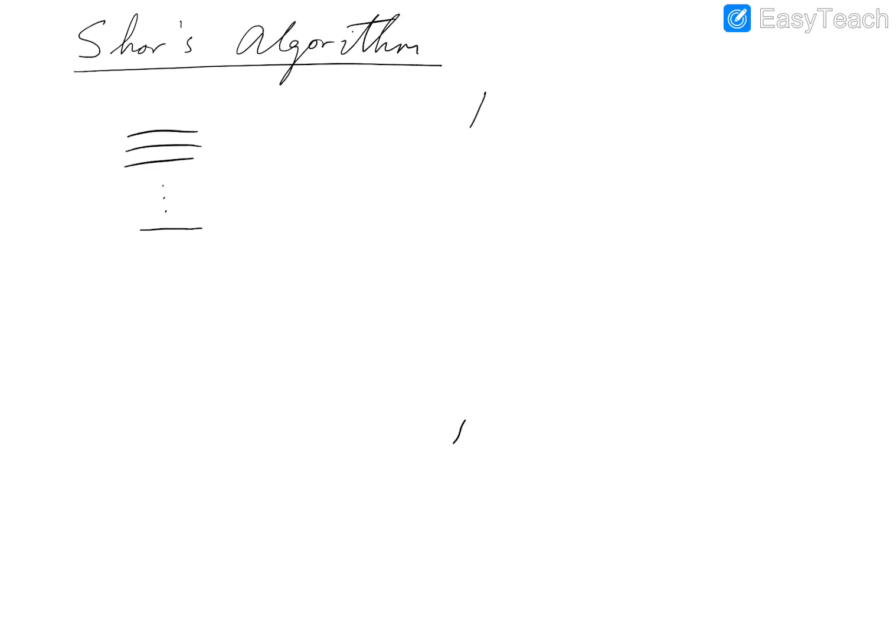So if n is the number that we want to factorize, then the first register of the algorithm stores the binary representation of m, where m is at least as large as n squared.